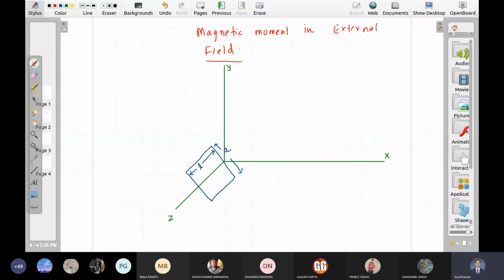Y-axis से कितना एंगल बन रहा है? This is a. So this loop is making theta angle from the y-axis. All these angles are 90 degrees. ये सभी angle 90 degree.